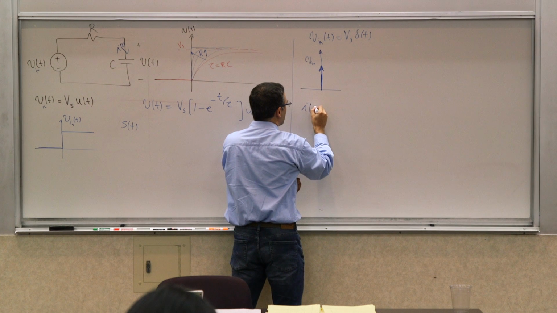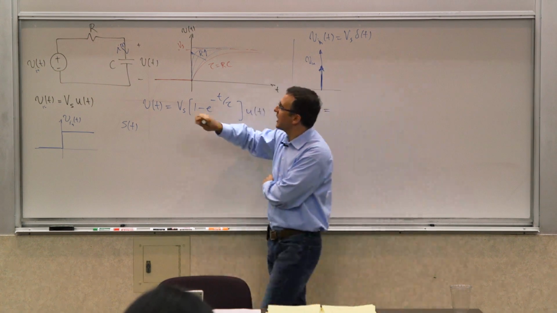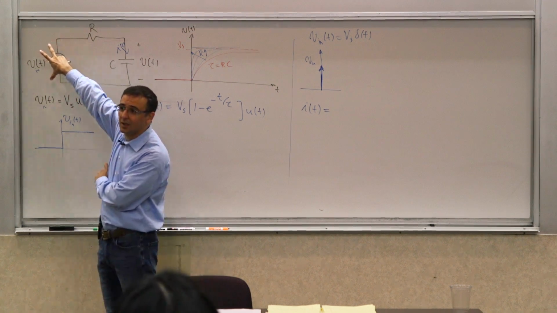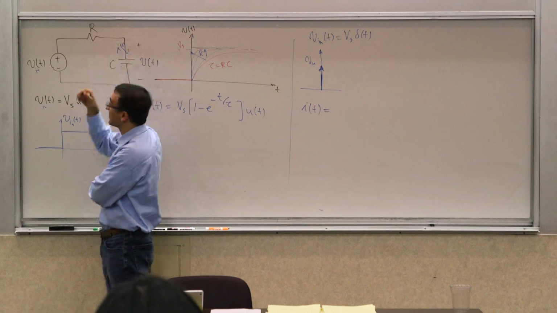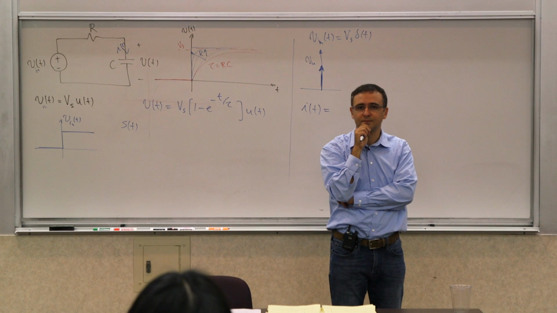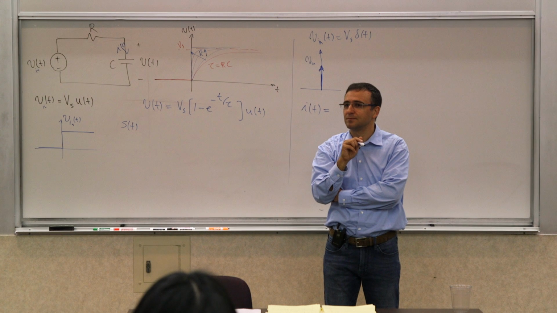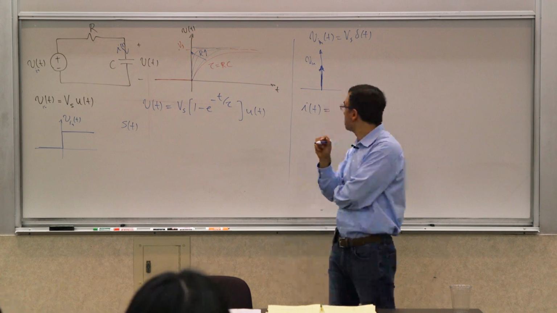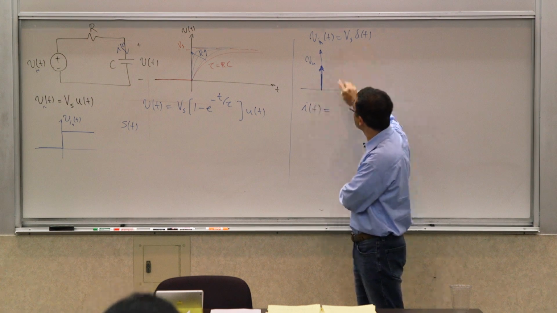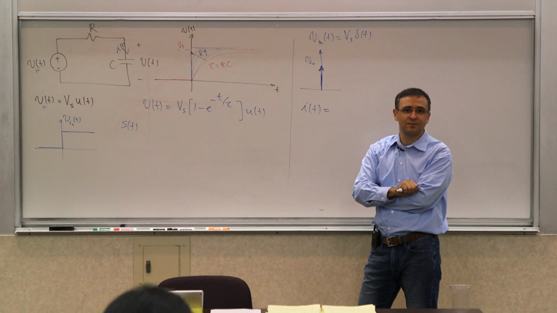What is I of t going to be if you know the voltage? Now, this voltage at time t equals 0 is jumping to an extremely large value. What can you say about the current? Can someone think of what the current would be in terms of that voltage? Can you write an expression for I of t in terms of that voltage?